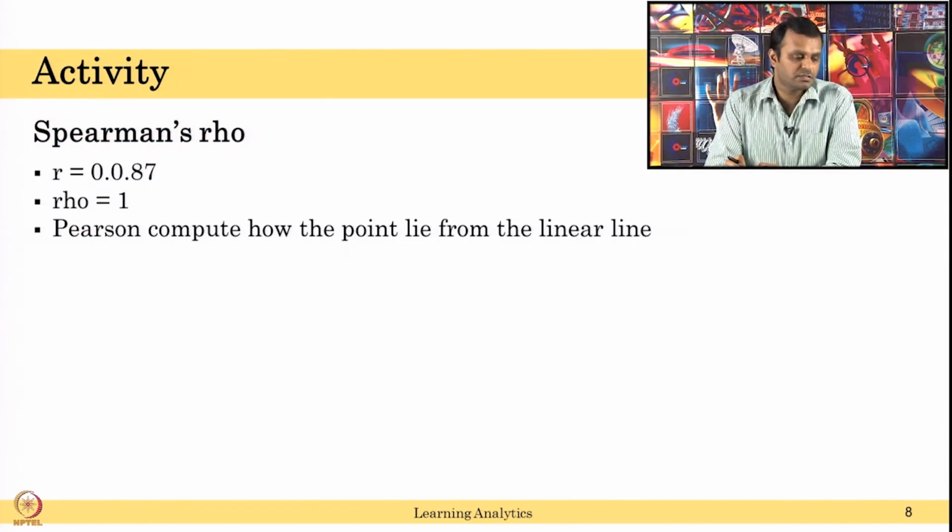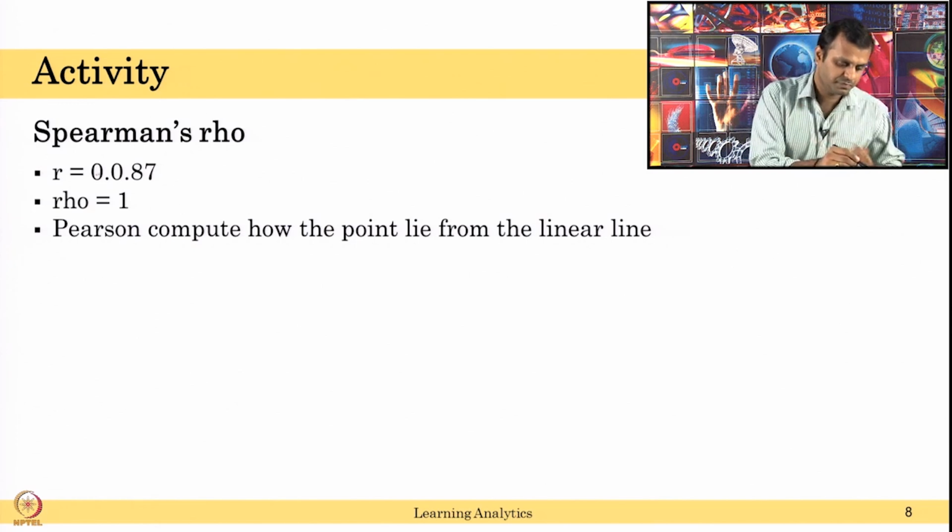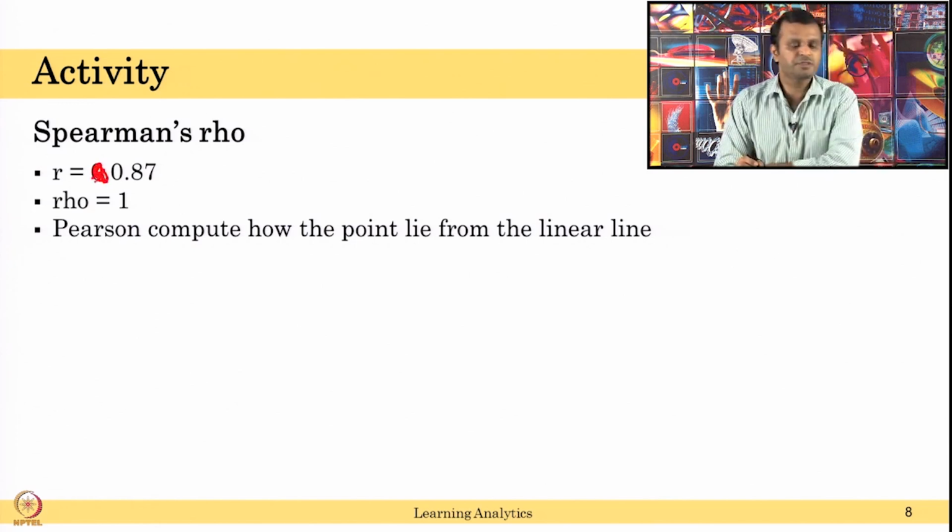The R value is 0.87 positive, and it indicates it is highly correlated, but some points are not linearly related with x and y. If x increases, y also increases, but not fitting in that linear relationship, the linear line.